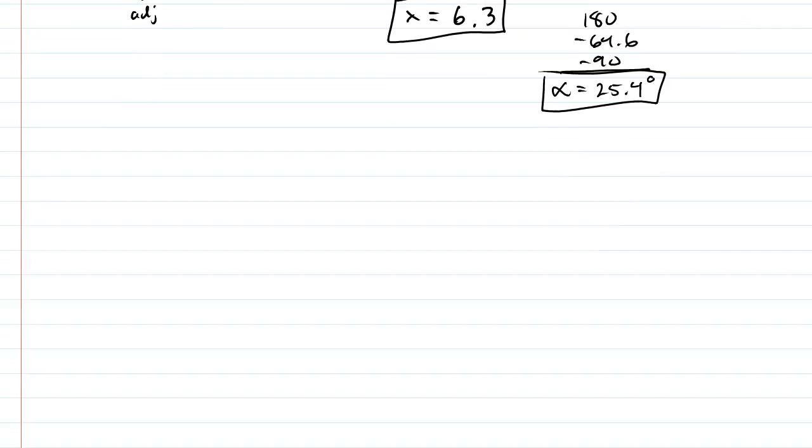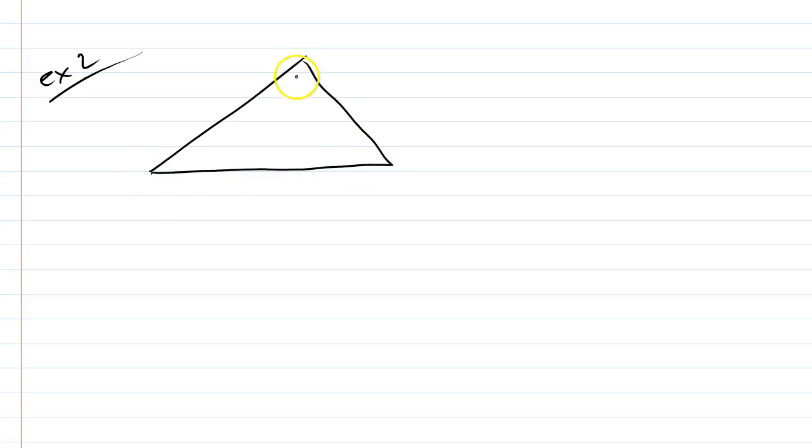The second thing that you might be asked to do, example 2, is to do something with multiple steps. So they might give you a non-right triangle, but they give you two angles, 27 degrees and 51 degrees, and this side right here is 34. What they mean is this width right here.